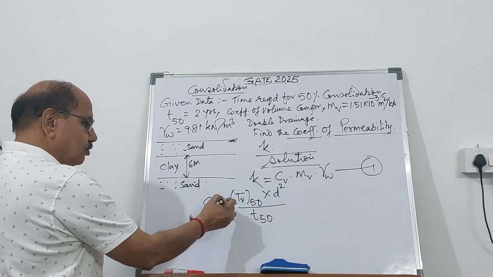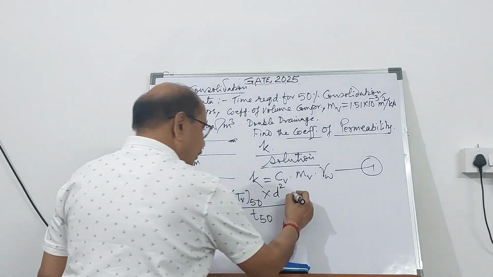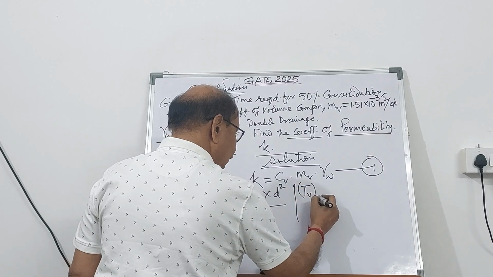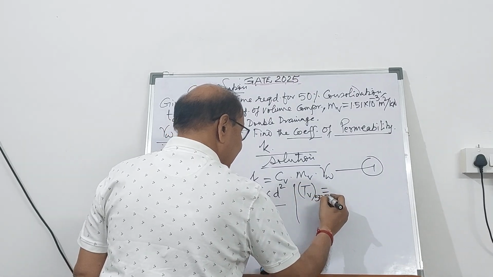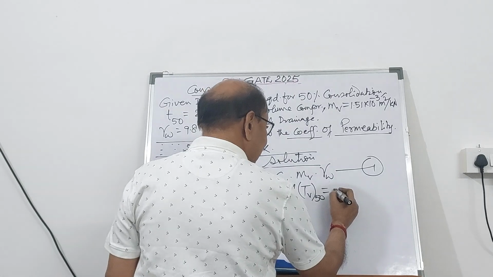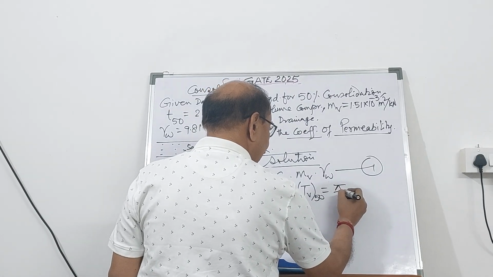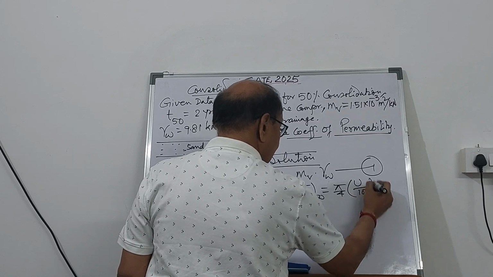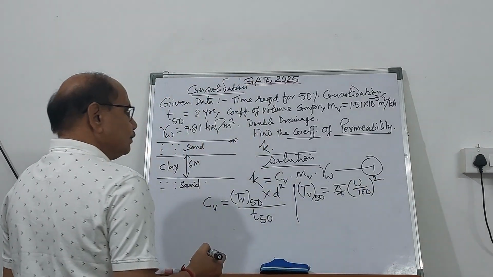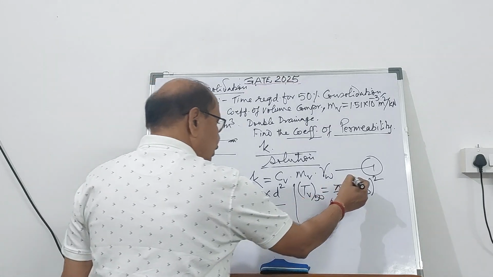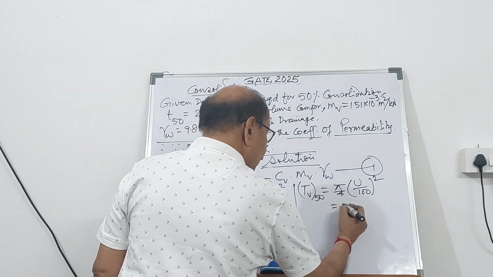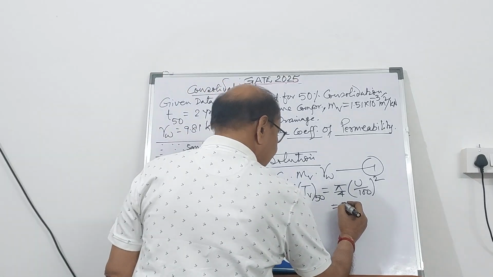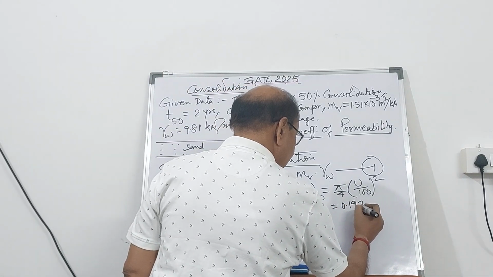Now, how will you find out this time factor for 50% consolidation? Because it is less than 60%, it will be pi by 4 into U by 100 whole square. Now U is 50, so 50 by 100 becomes 0.5.